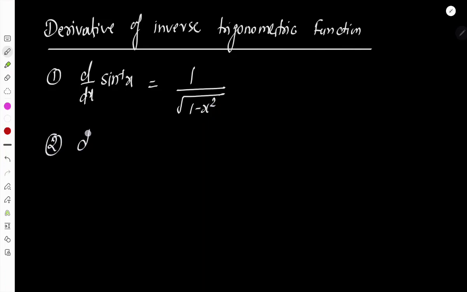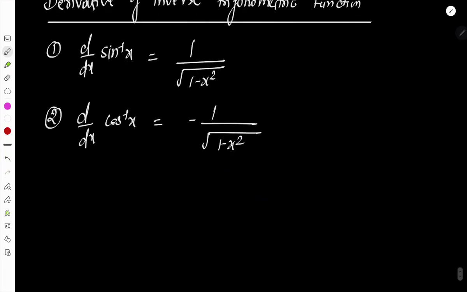Second formula: d by dx of cos inverse x is equal to minus 1 divided by root of 1 minus x square. Third formula: d by dx of tan inverse x is equal to 1 divided by 1 plus x square.